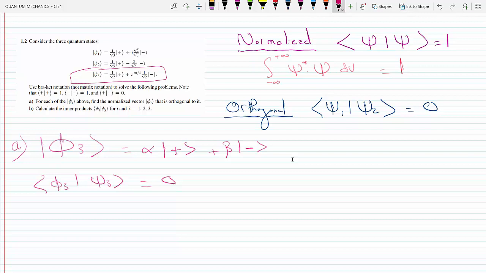Now remember, I named phi 3 to be a ket, and in my orthogonality relation, it's a bra. So I would have to take the conjugate of it. In other words, you're going to flip these, and when you flip them, you take the complex conjugate of the constants, because those constants don't necessarily have to be real.